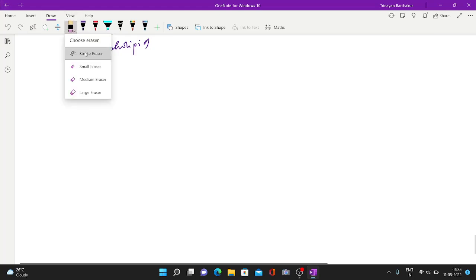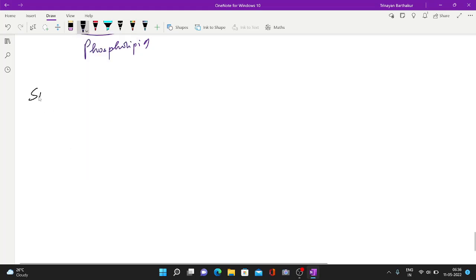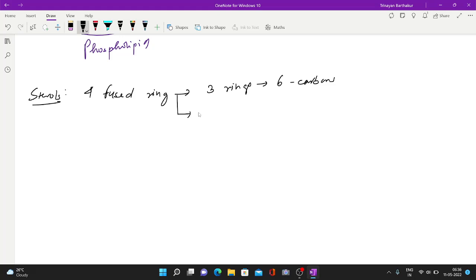Lastly, you have sterols. Now, sterols are basically structures having four fused rings. Out of these four fused rings, three rings have 6 carbons and one ring has 5 carbons.